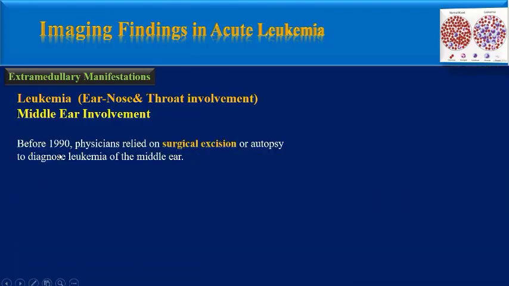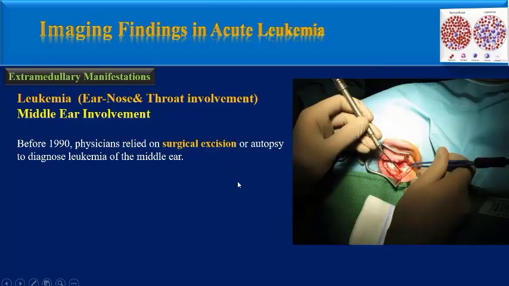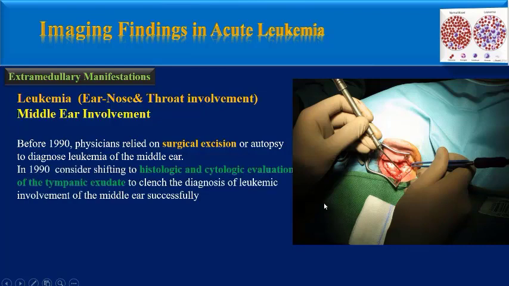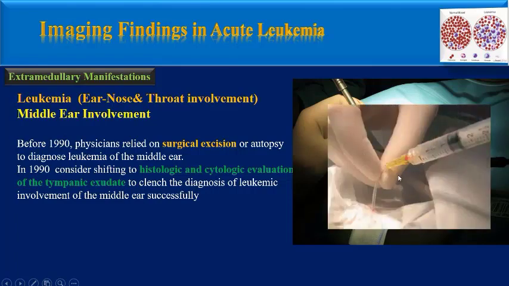Before 1990, physicians relied on surgical excision or autopsy to diagnose leukemia of the middle ear. In 1990, they considered shifting to histologic and cytologic evaluation of the tympanic exudate to successfully make the diagnosis of leukemic involvement of the middle ear.